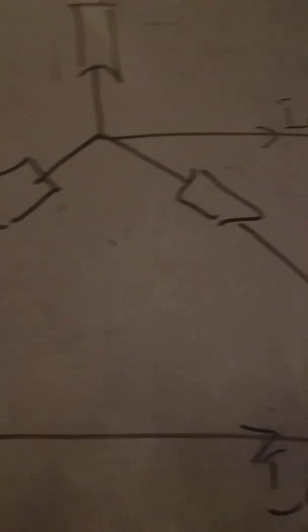Right. Now, the current is flowing out. These are supply. Then this is the neutral wire that returns the current. This is our IB and this is our IC.